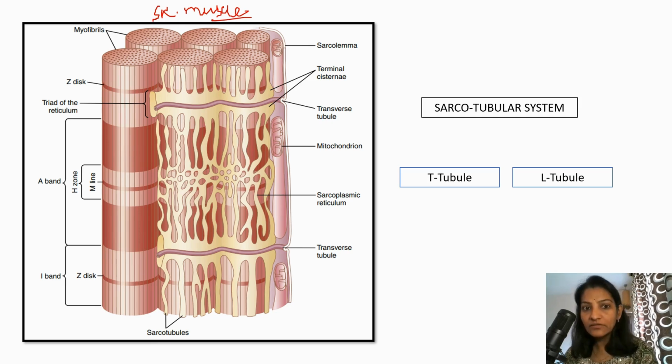Along with that, in this diagram, some tubular network is shown. That is called the sarcotubular system.